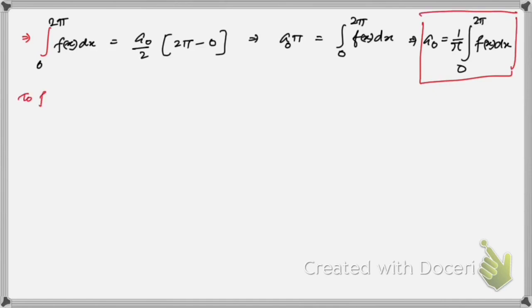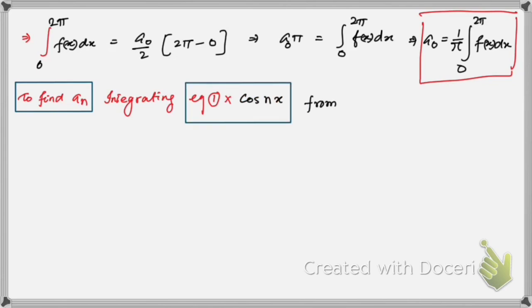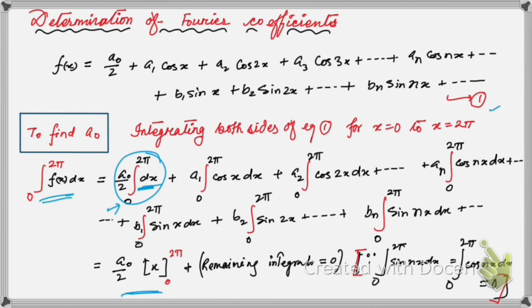Now let me show you how to find an. Here what we have to do is multiply equation number 1 by cos nx.